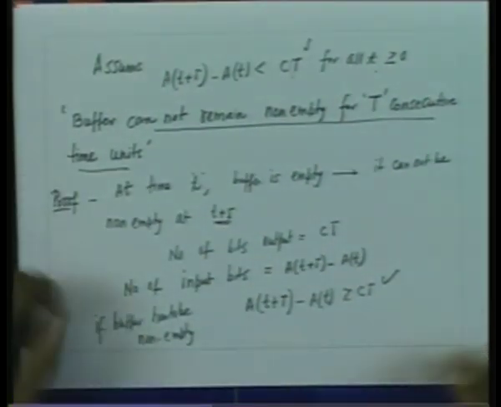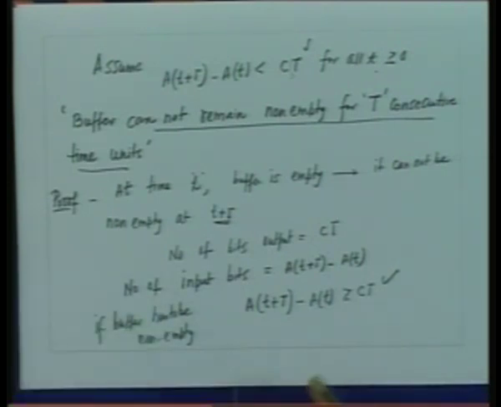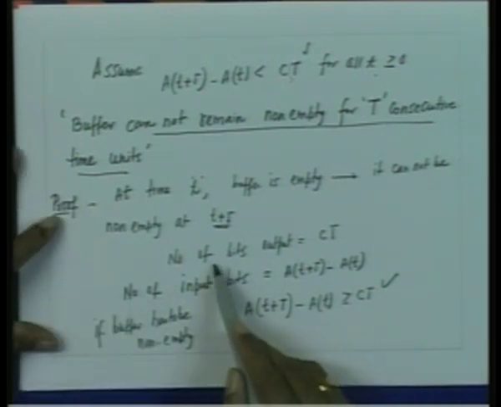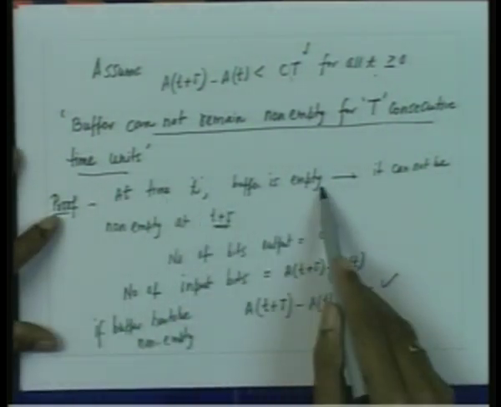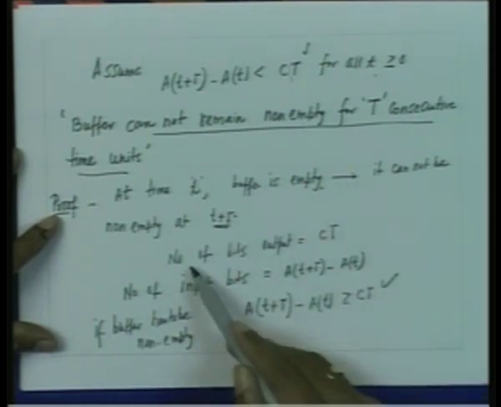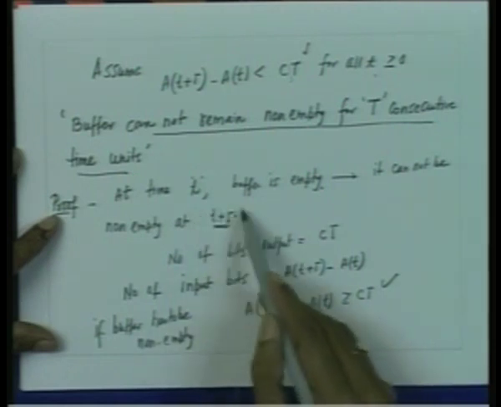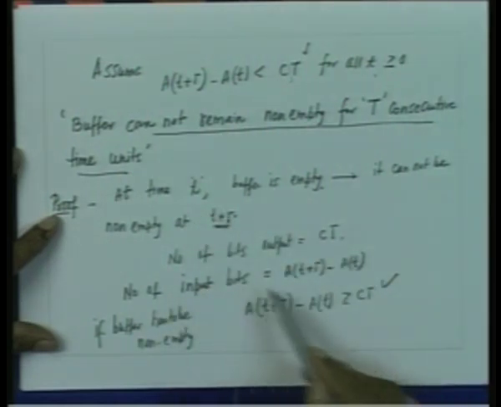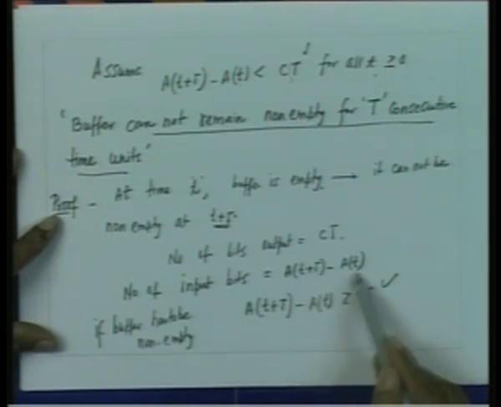Okay, what is the implication of this? That this scheduler would delay. So what we are trying to say is that at time t the buffer is empty, so it cannot be non-empty at time t plus capital T. The number of bits outputted during this interval is C into T, and the number of bits inputted is A(t+T) minus A(t).